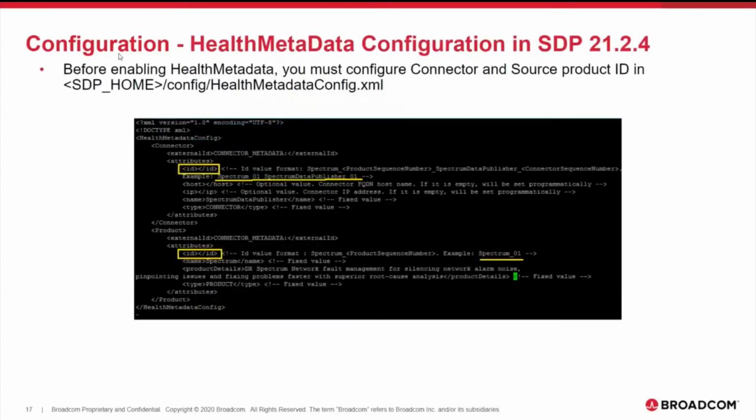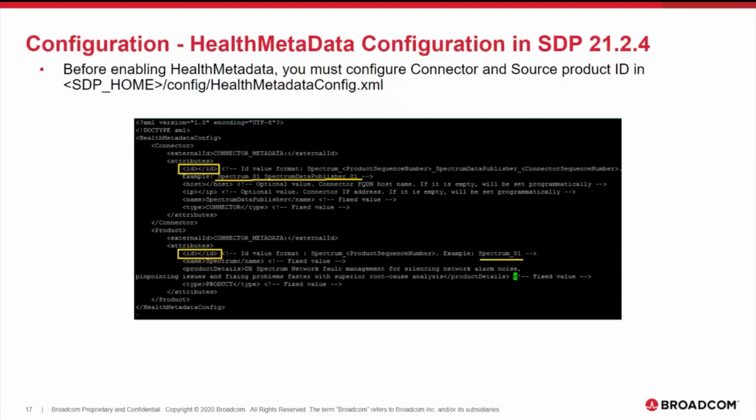In SDP 21.2.4, open the health metadata config.xml, which resides under the config folder, and update the IDs, which are highlighted in the connector section as well as in the product section. Follow the example format. Then you can start the Spectrum Data Publisher, and it starts pushing the health metadata.